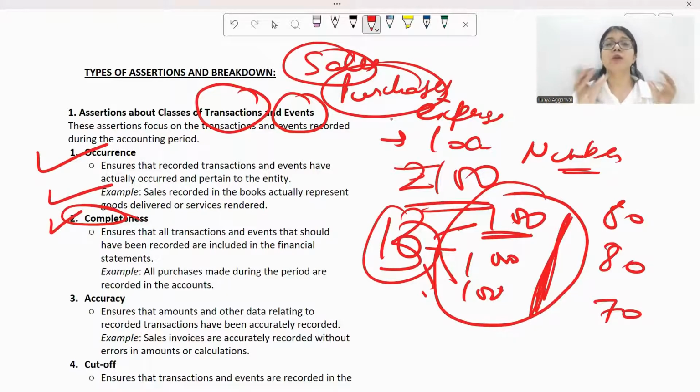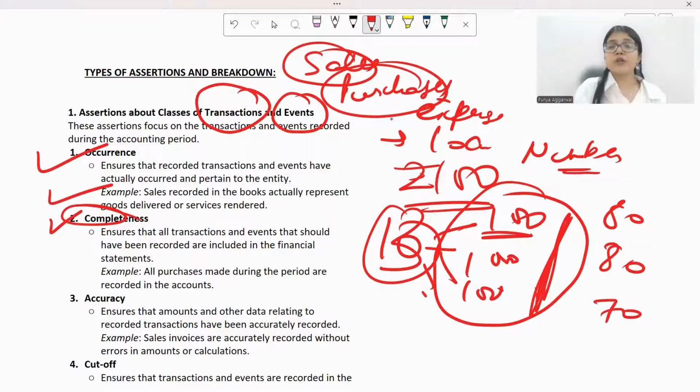I'm not concerned about the value of the goods dispatched note when we are testing the completeness assertion. Okay, so if I read the definition, it ensures that all transactions and events that should have been recorded have been recorded. So if I had to recognize 3 sales or 10 goods dispatched notes, then I have done those. It's not that only 8 out of 10 are done and 2 are not done. So that will be a problem, right?